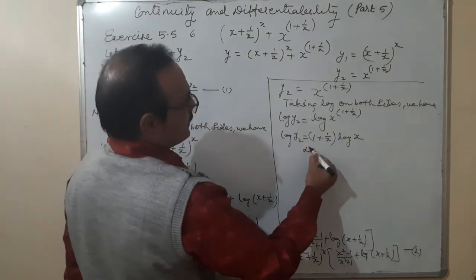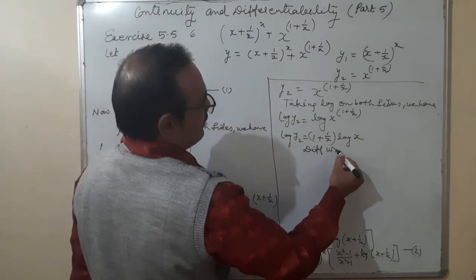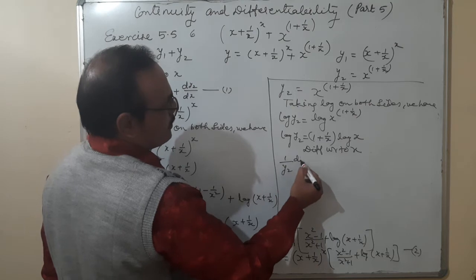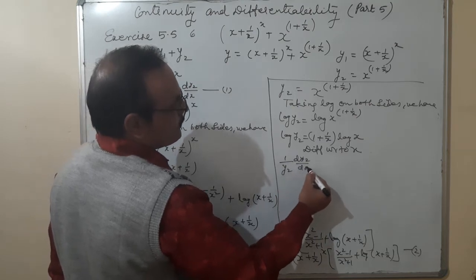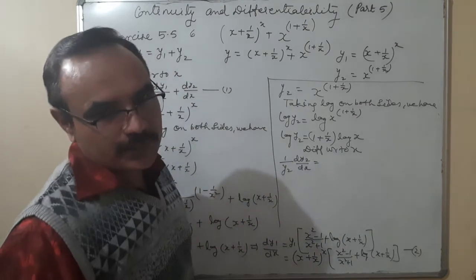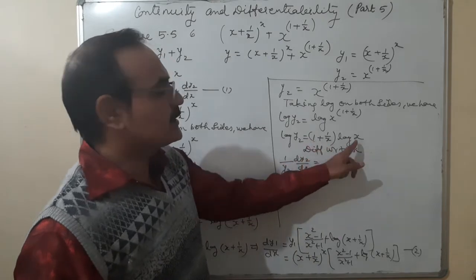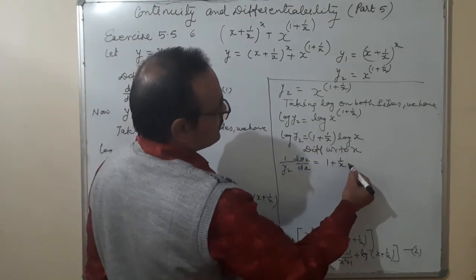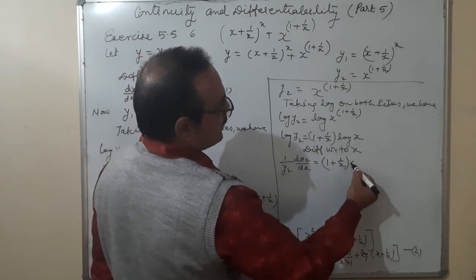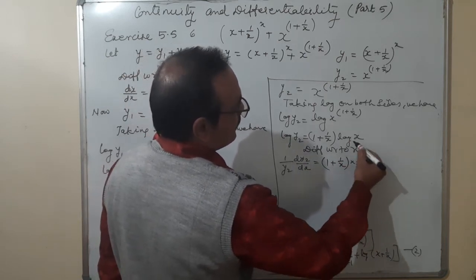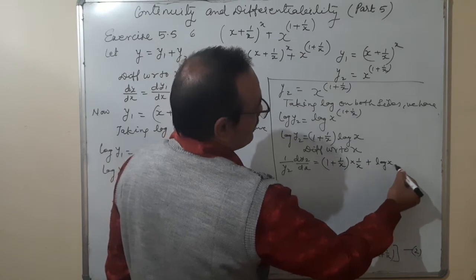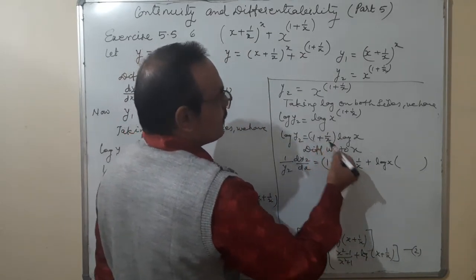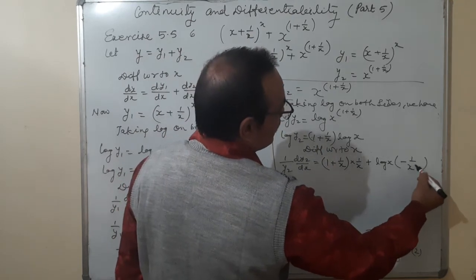Differentiate with respect to x. So it is coming 1 upon y2 dy2 by dx is equal to, again using the product rule, first function 1 plus 1 upon x, differentiation of log x, 1 upon x, plus second function log x, and differentiation of the first function: differentiation of the constant term is 0 and differentiation of 1 upon x is minus 1 upon x square.